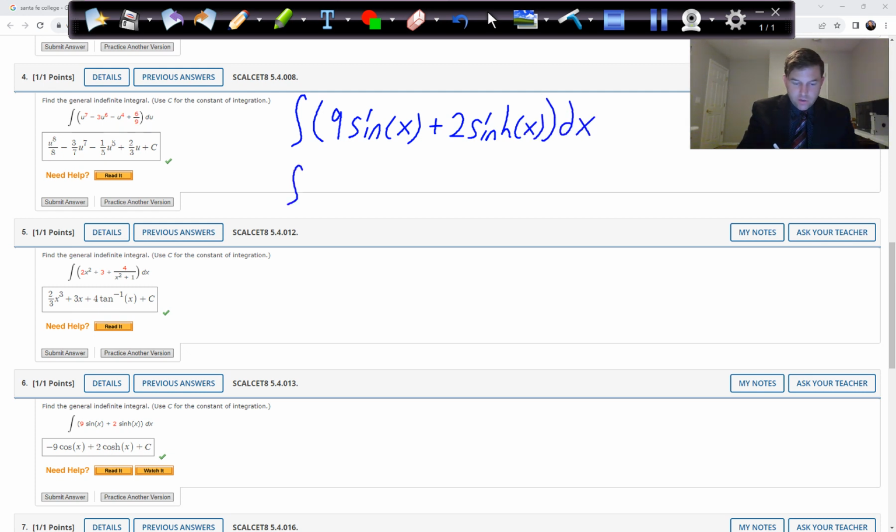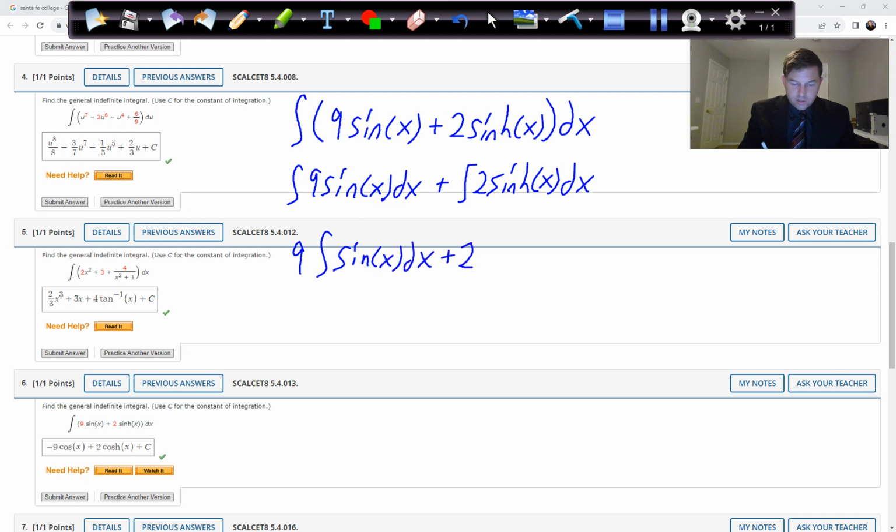Well, we can break this into 2 integrals, 9 sine of x dx plus the integral of 2 hyperbolic sine of x dx. Then we can pull out the constants, 9 integral of sine x dx plus 2 integral hyperbolic sine x dx.